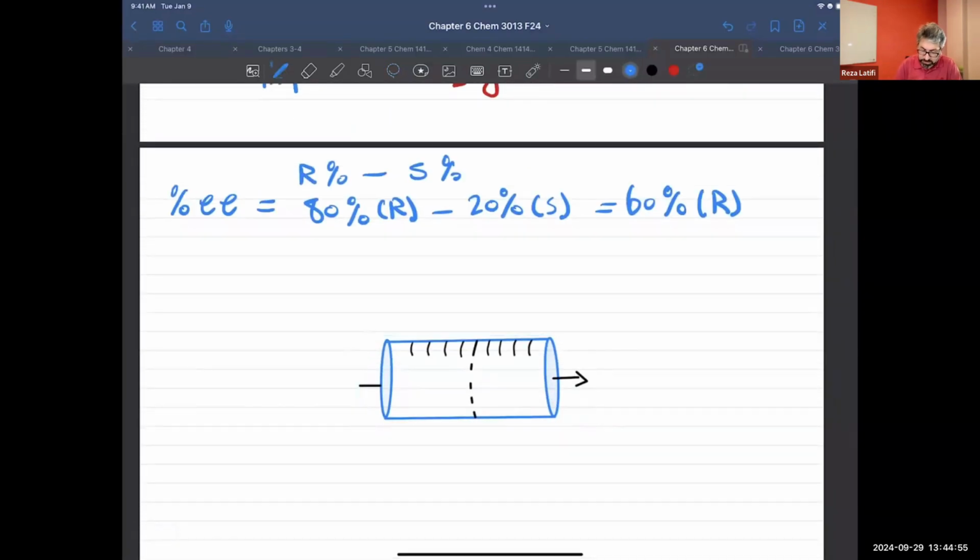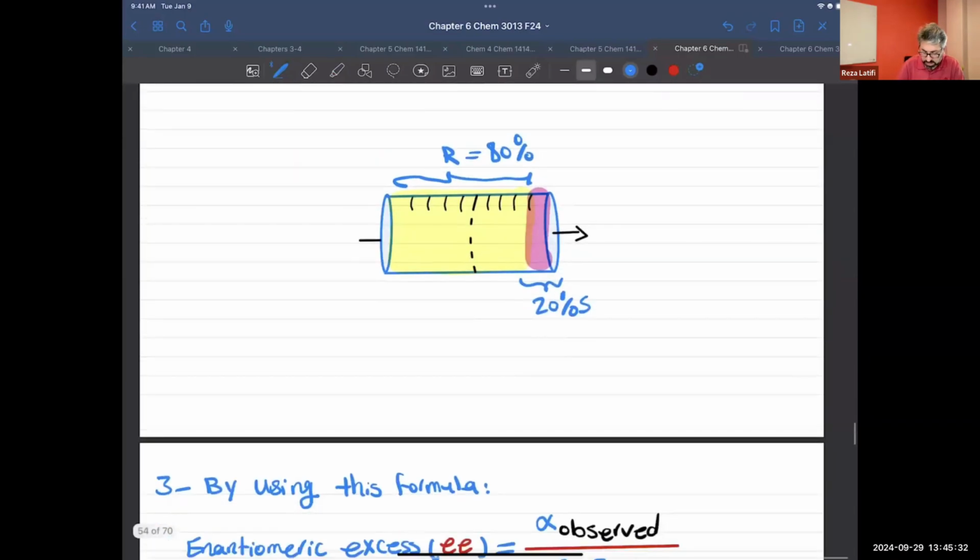We said we have 80%, so this is 80%, that's going to be the R. And then you have 20% from S, that's going to be the S.